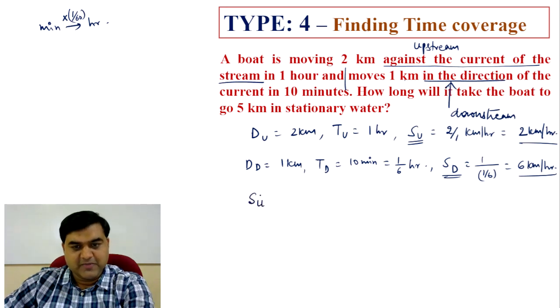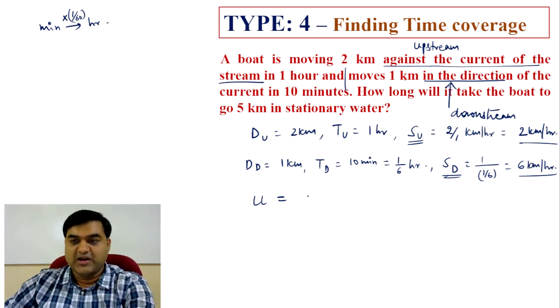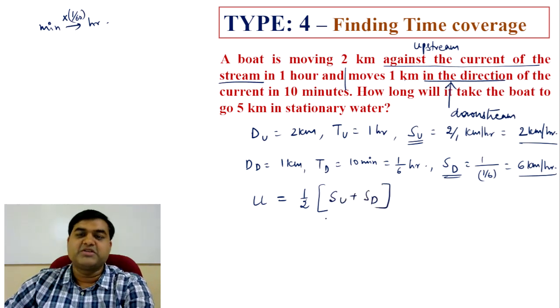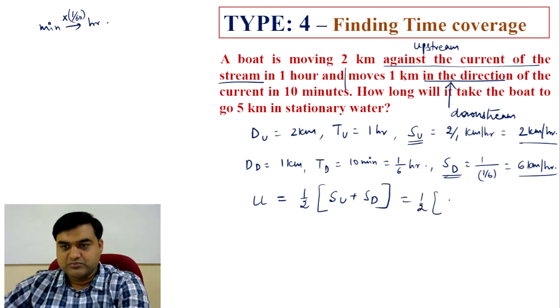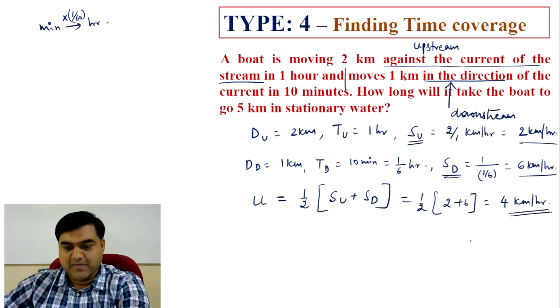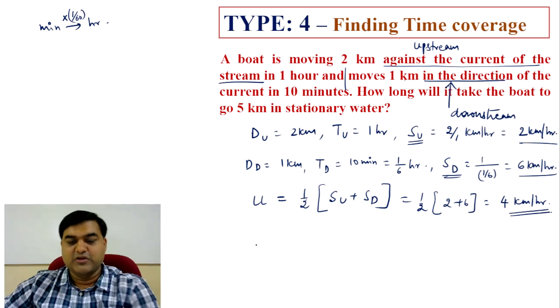U is nothing but the boat speed in stationary water. How we will find? Half of speed upstream plus speed downstream, right? Which is nothing but half of 2 plus 6, that is 8 divided by 2, that is 4 kilometer per hour, right? Okay, the speed we got as 4 kilometer per hour.